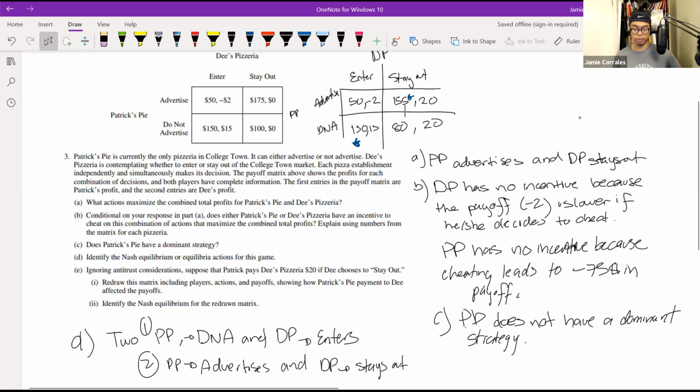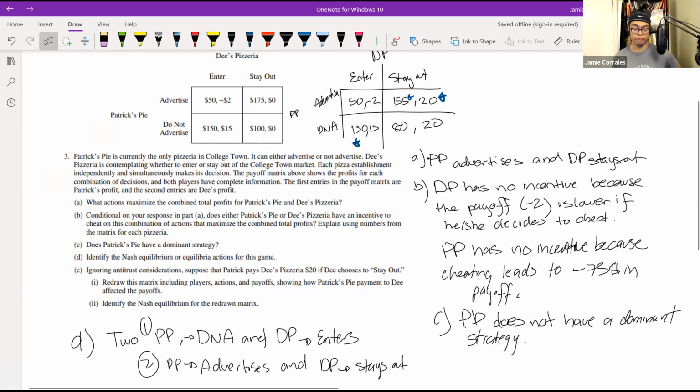So now we switch roles. What if I'm DP and PP decides to advertise? Well, I'm going to stay out. 20 is greater than minus 5. If PP does not advertise, am I going to stay out or enter? Well, staying out gives me a benefit of 20.